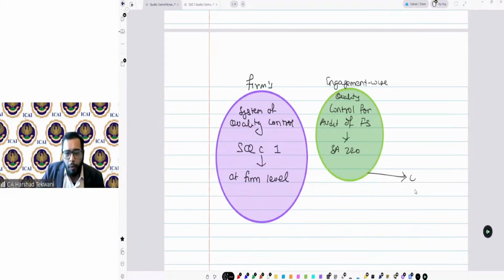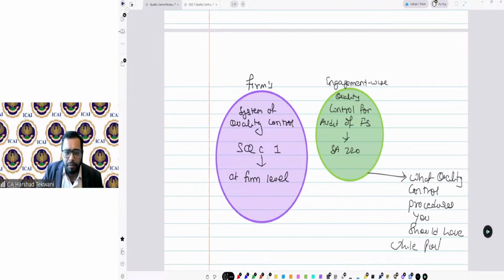What quality control procedures you should have while performing an audit, that is SA 220, because SA 220 talks about the engagement level.